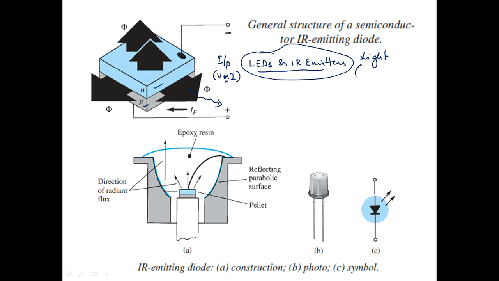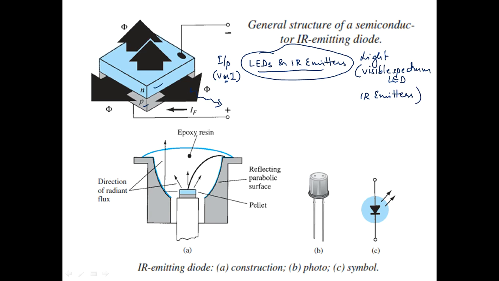This light will be either in the visible spectrum, in which case we call the device an LED, or in the IR range, in which case we call it an IR emitter. As simple as that.